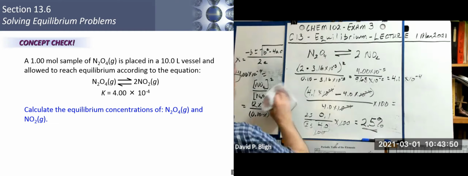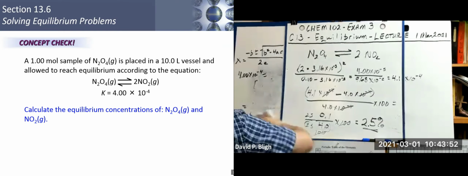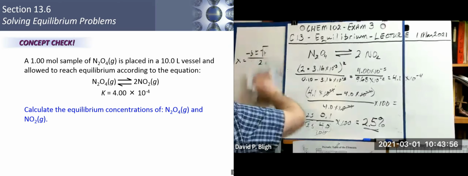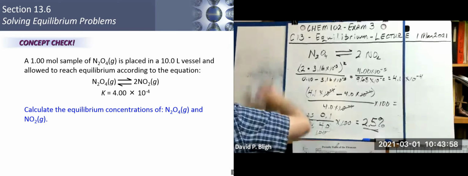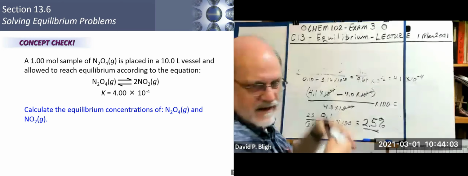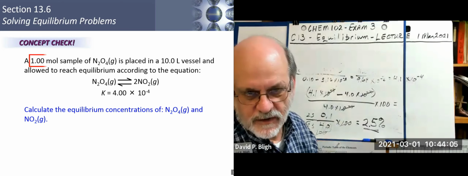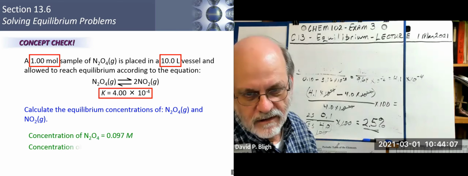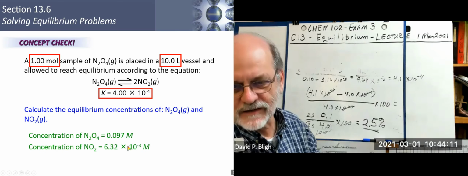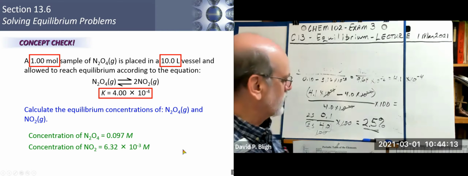Okay. So we got that one. Don't need the quadratic anymore. Oh, I need to go down and be sure I got the right answers, right? Standard notation and scientific notation together. We're good.